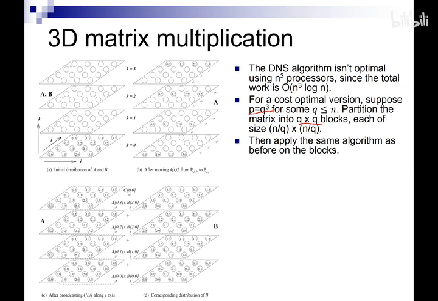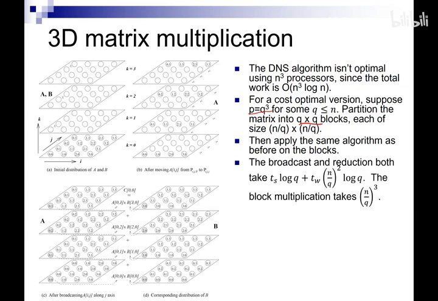Each block is going to have size n divided by q by n divided by q, where q is the cube root of p. And then we're going to just run the same algorithm, this 3D matrix multiplication algorithm, on the blocks instead of the individual values.